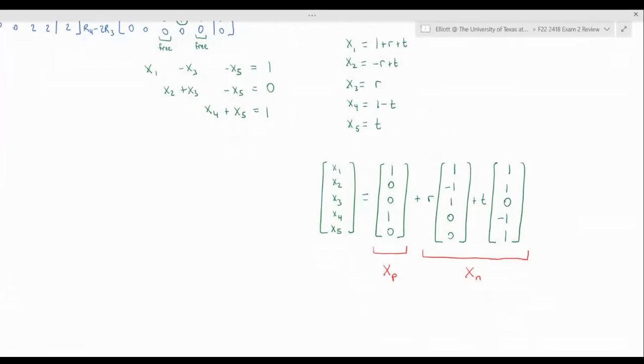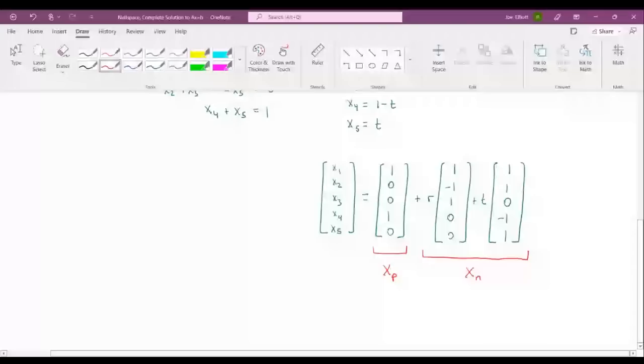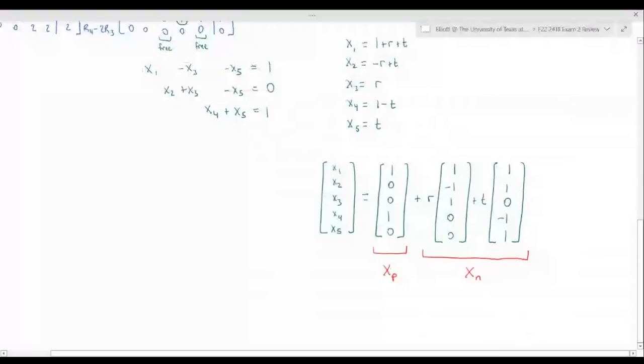So here what's happening is you get a solution for each possible value of r and t. So really r and t can be any real numbers. So when r and t are equal to 0, you would get this vector as a particular solution. So that's your particular solution. And then again, this part here with the parameters in it, that's going to be your xn.